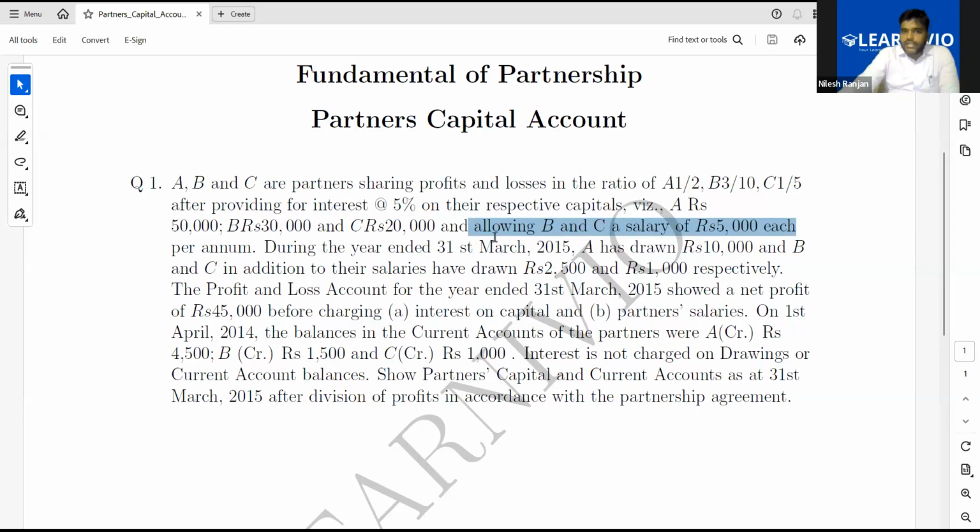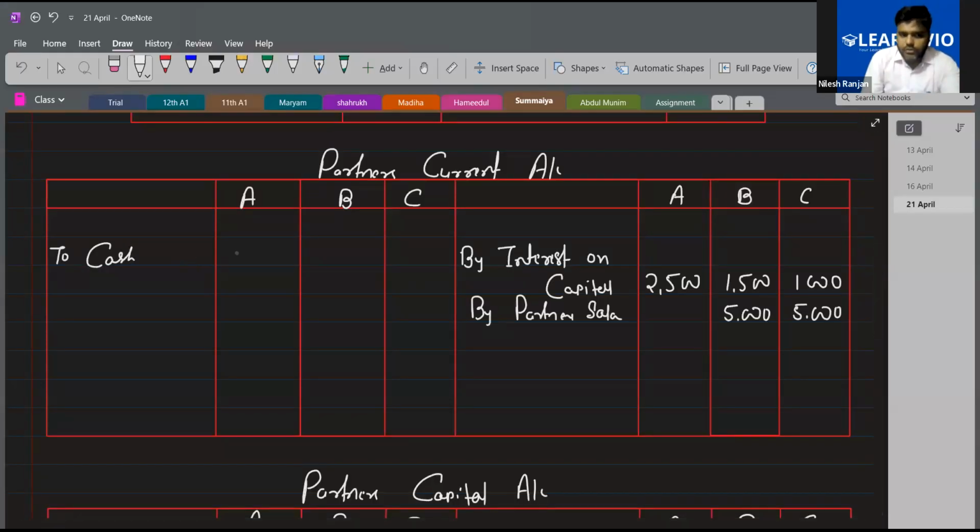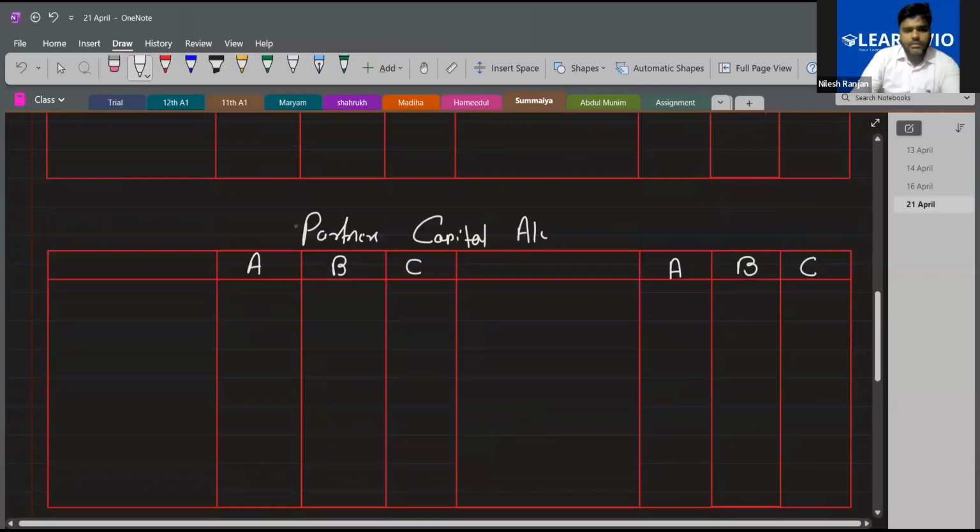Now, during the year ended 31st March 2015, A has drawn 10,000. A has drawn, so to cash, or you can write drawing also. So 10,000. Let me write drawing. To drawing 10,000.